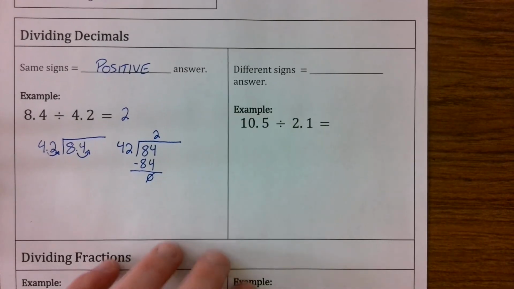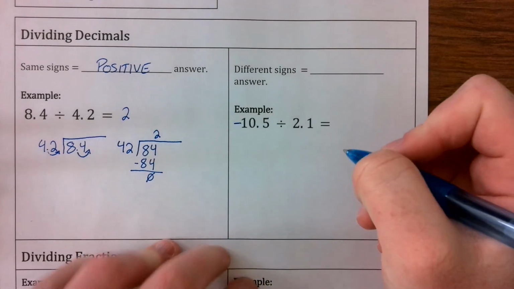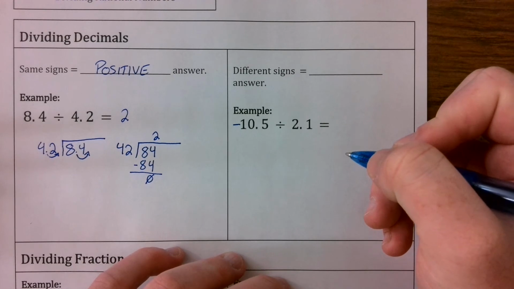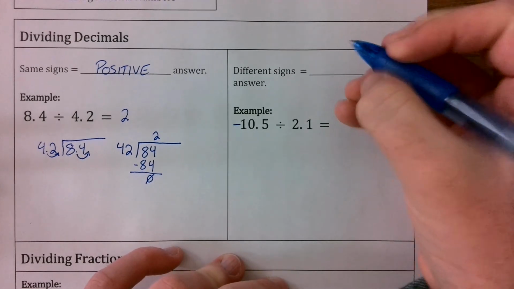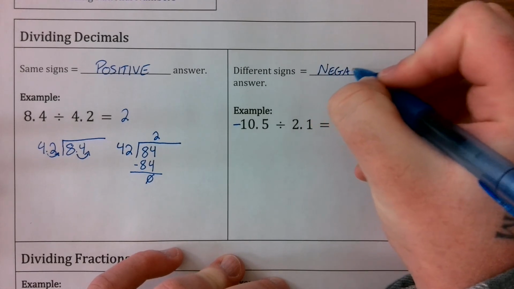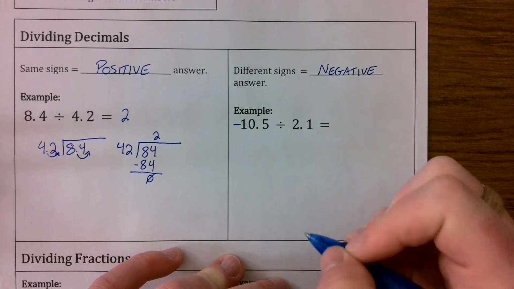Now, what happens if we have different signs? For example, I'm going to go ahead and put a negative sign in front of 10.5 here. So you have negative 10.5 divided by 2.1. If we have different signs, remember we have a negative answer. We're going to set it up the same way.